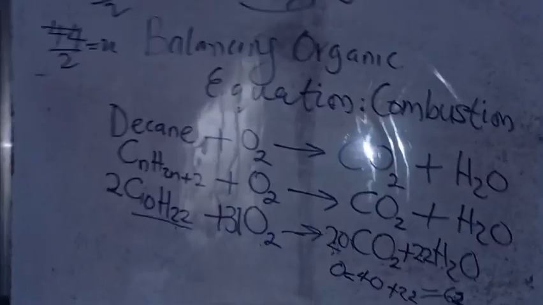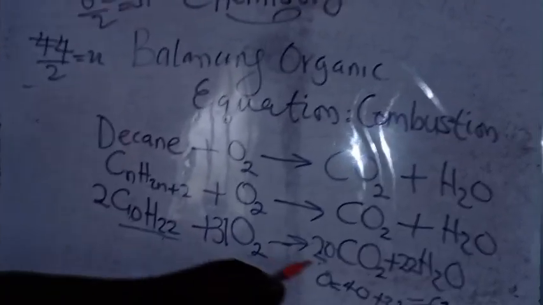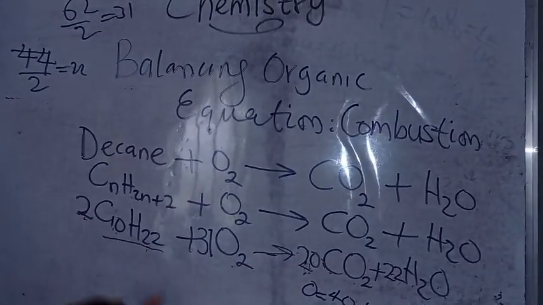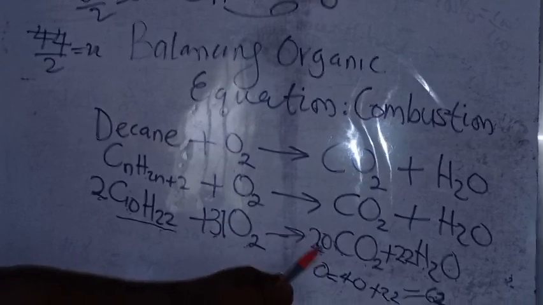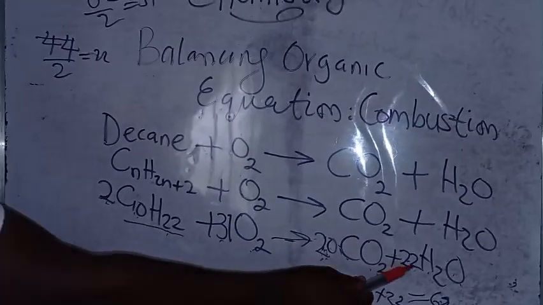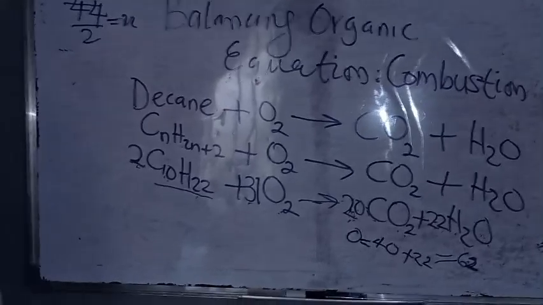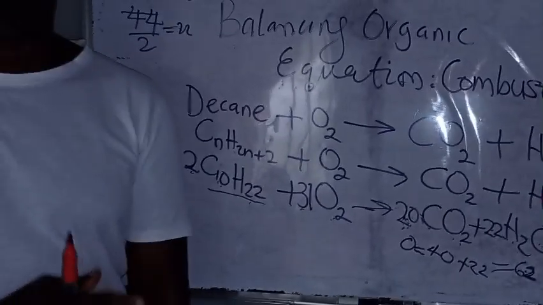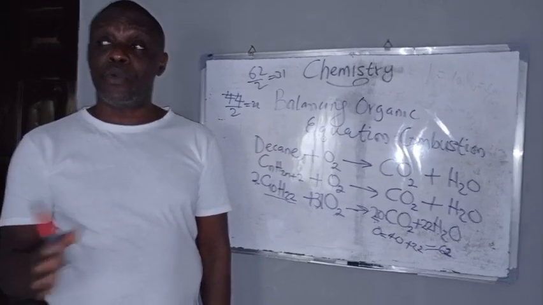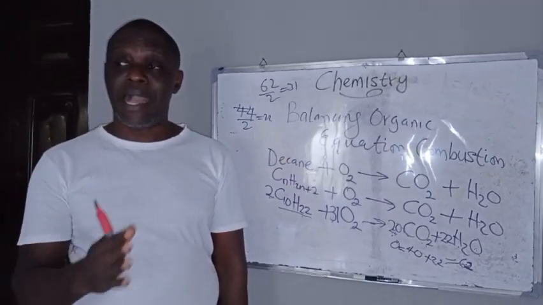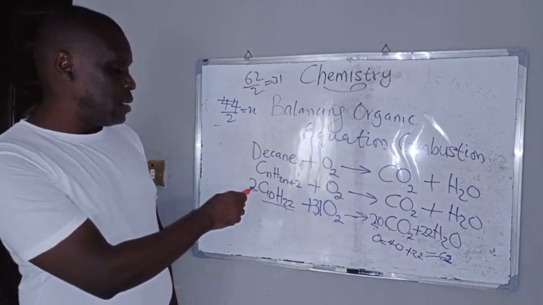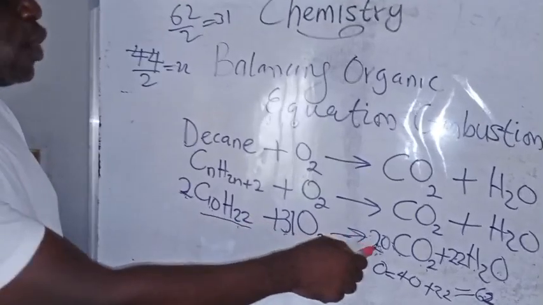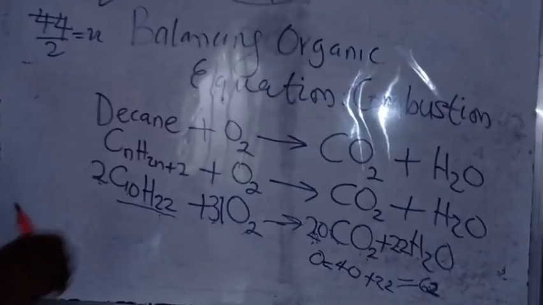You can see that. Let's see it. Carbon 20, carbon 20. Hydrogen here 44, hydrogen here 44. Oxygen here 62. Oxygen here 20 times 2, 40, 40 plus 22, that is 62. Now, this goes for any organic compound, whether glucose, sugar, alkynes. Sometimes there may be need for you to reduce the coefficient to its lowest terms, especially when the carbon content is odd.